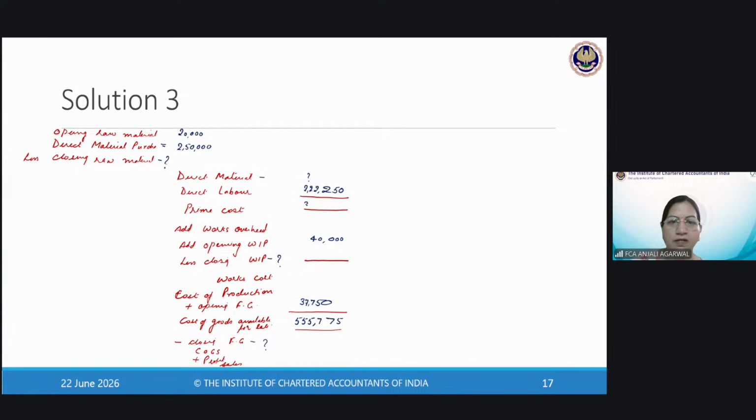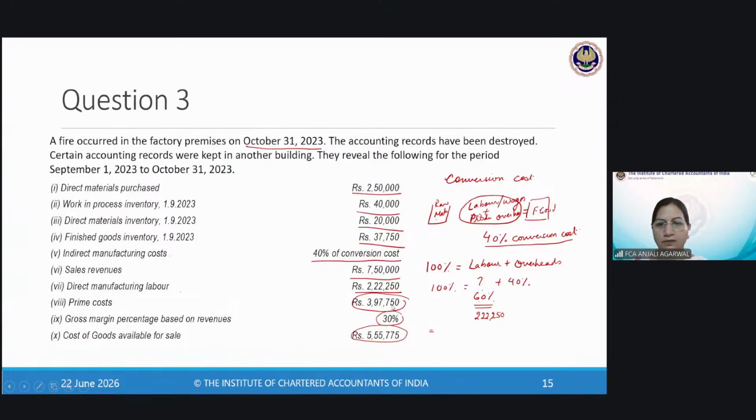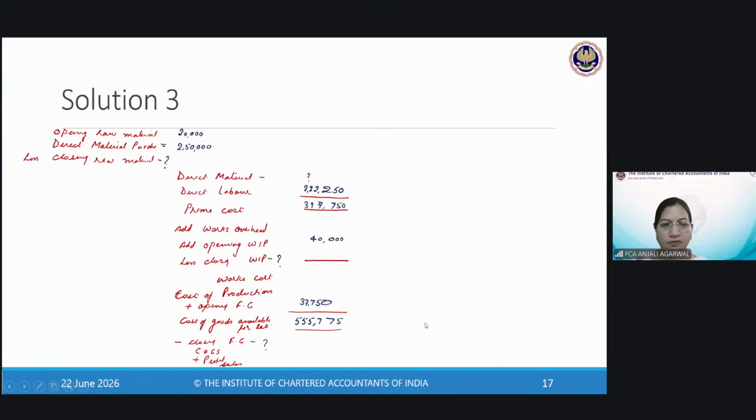Prime cost is 397,750. So we have sales revenue and gross margin percentage based on revenue, 30%. So we have this information as 7,50,000 and 30% of 7,50,000 is 2,25,000.